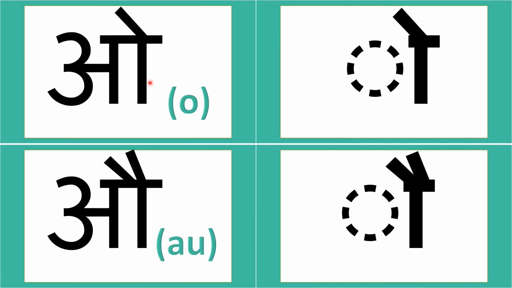This is O. For O, we are using this symbol after the consonant, at the right hand side of the consonant. For Au, we are using this symbol at the same place, right hand side of the consonant. But here we are using two lines above, and here we are using one line above the consonant.